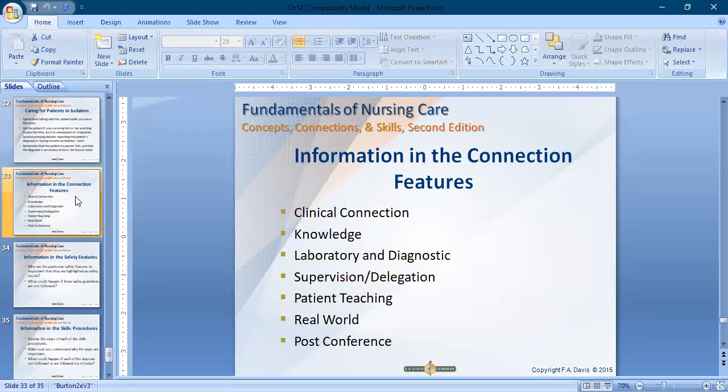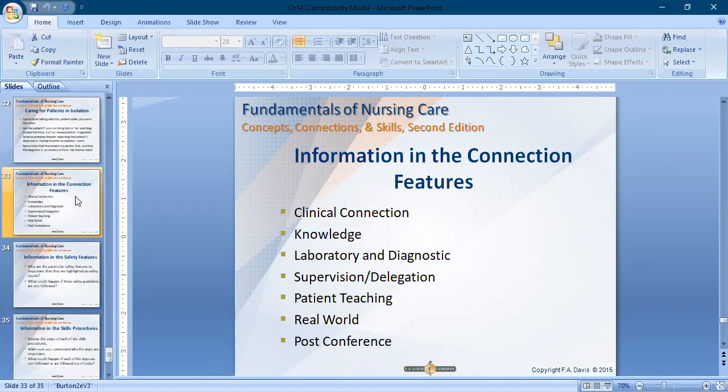Your skill or clinical connection, everything is based on your knowledge. And your knowledge is based on how much time you spent on anatomy and physiology in nursing school.